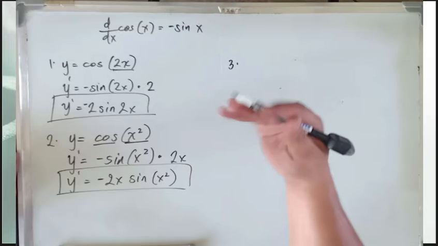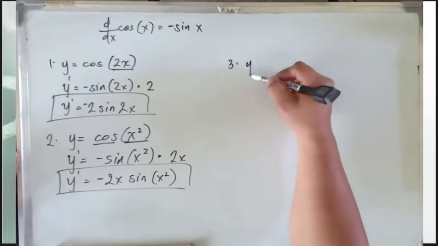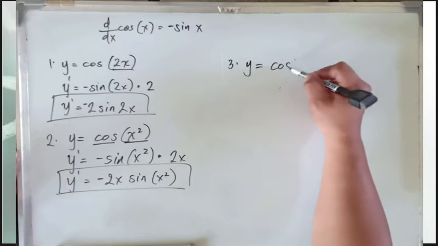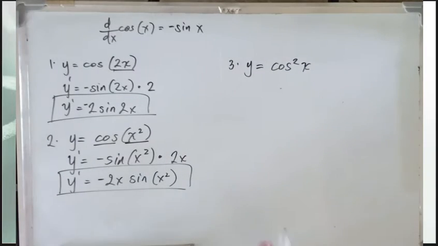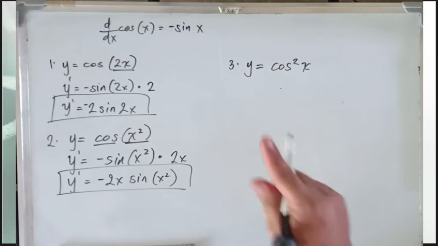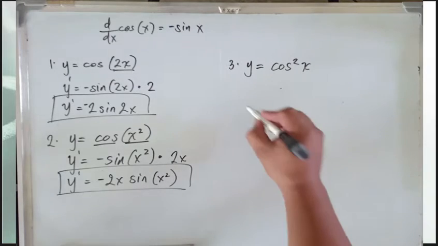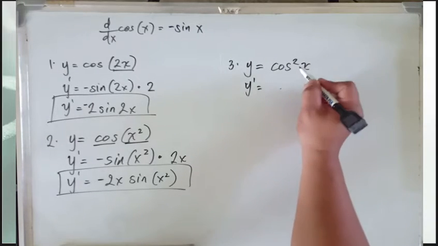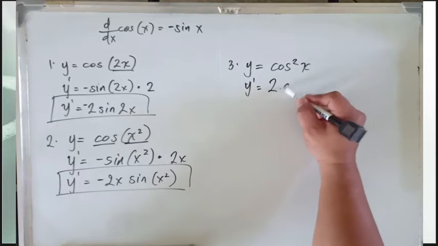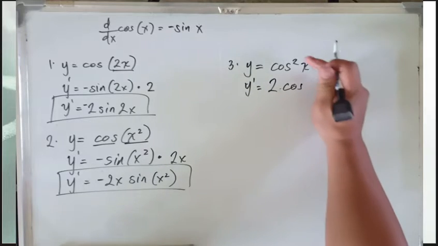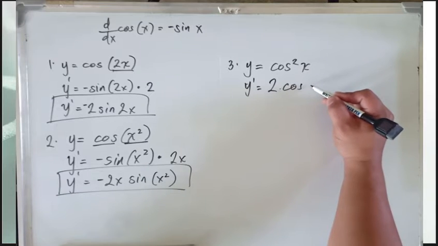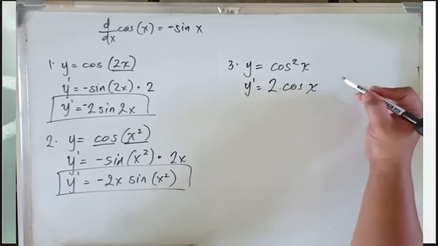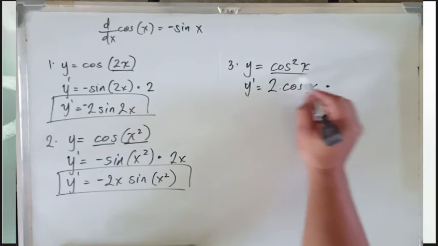For number 3 example, we have y is equal to the cosine squared of x. So here, we will be applying our previous topic, which is the chain rule. So let's do it. Bring your 2 down, copy your cosine. Of course, we need to subtract 1. So we have cosine of x times the derivative of this.